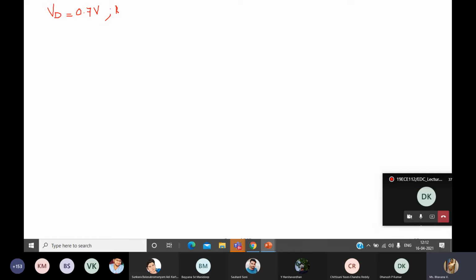What is the R value given in the question? 10 kilo. So if VD is equal to 0.7 volt, we can find the DC current.